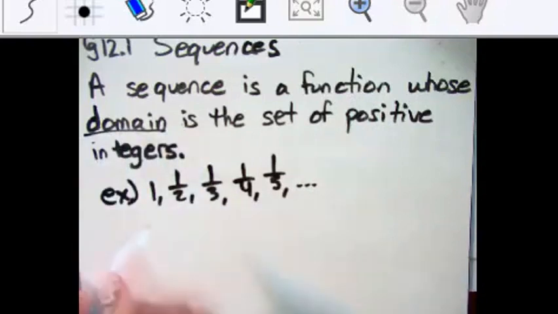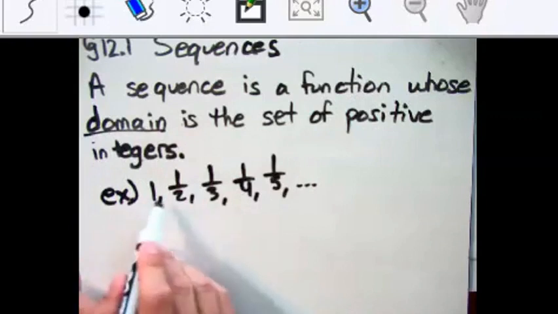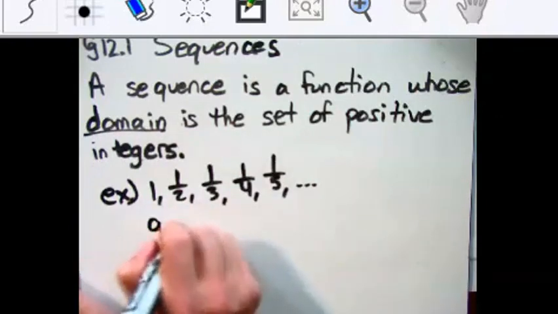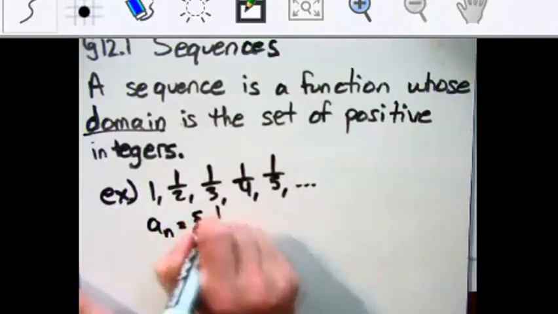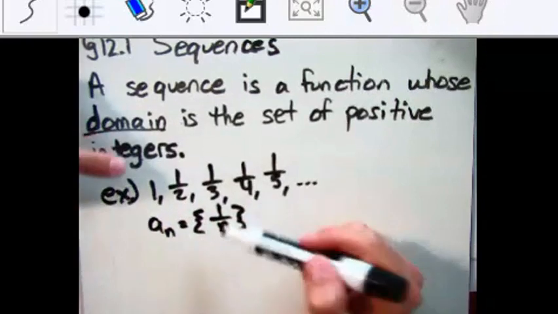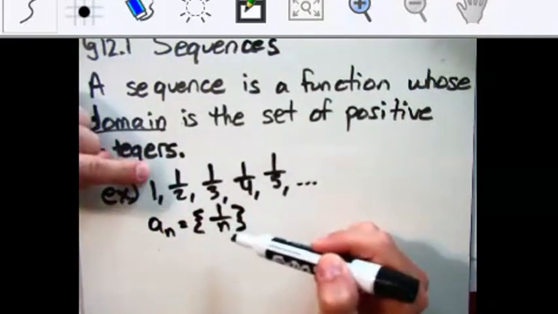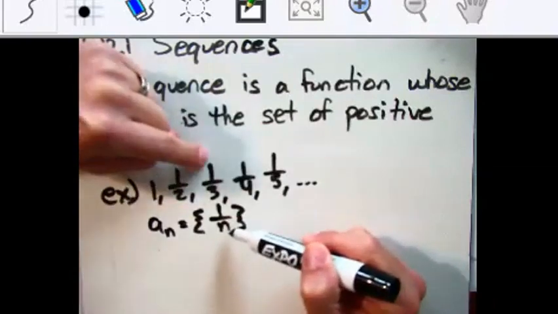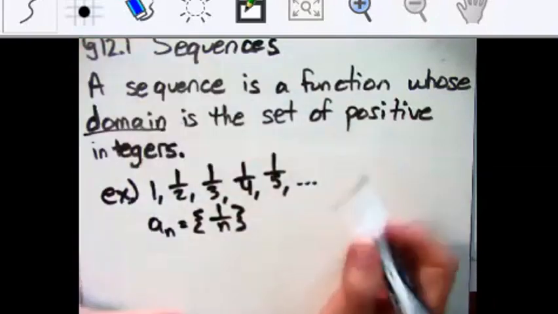So if I put in a positive integer, I should get these numbers back. So this sequence is actually written as 1 over n. So example, if n is equal to 1, I get the first term. If n was 2, I get the second term. If n was 3, I get the third term, so on and so forth.